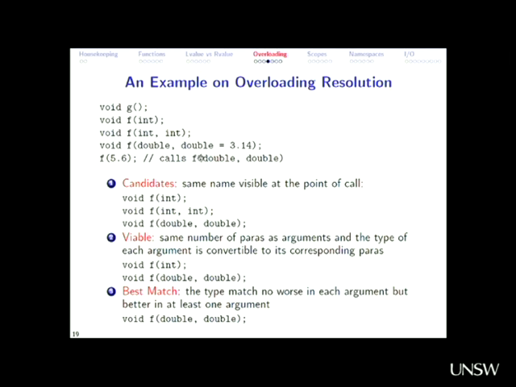Hopefully that's straightforward to figure out. All 3 of them are visible in the scope. The ones that it could possibly be are the void int or the double-double. The best match is the double-double. 5.6 is a double, I don't have the second value, but it's defaulted, so I'm going to call that function.